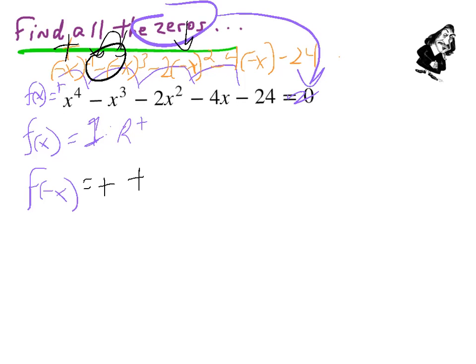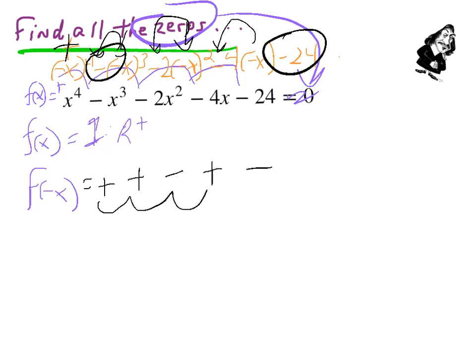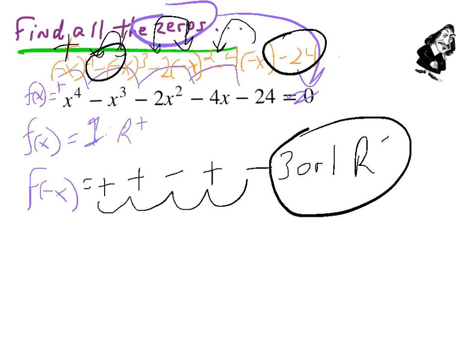Over here, negative times a negative is a positive x squared, but positive times this negative 2 is a negative term. Negative x times negative 4 is positive 4x. And we have a negative 24. Those are our new signs. No change, 1 change, 2 changes, 3 changes. We have 3 or 1 negative real roots or zeros.